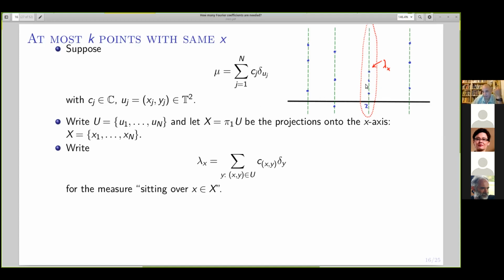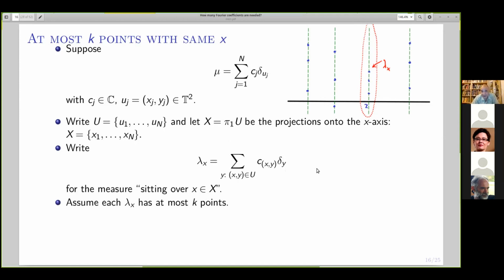These will make a measure on the y-axis, I'm sorry. And we call this measure lambda_x. So lambda_x is a one-dimensional measure. It's the measure sitting over each x among the relevant x points, which are this set. And we would like to recover the points x and the measure lambda_x. This is the information we're after.